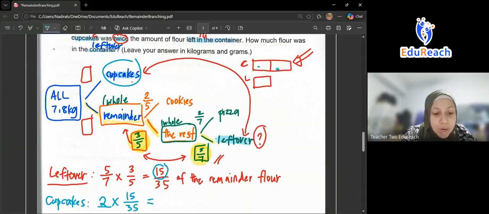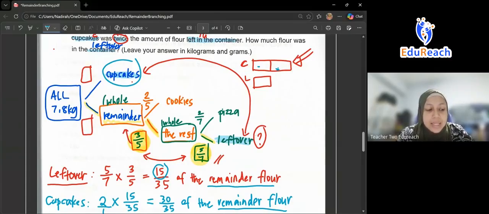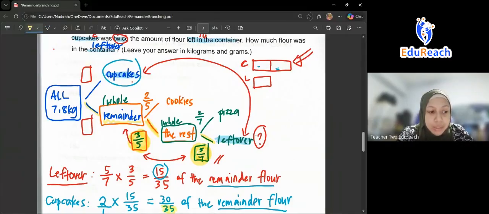Okay, 2 is like 2 out of 1. So when we multiply, we get 30 out of 35 of the remaining flour. I purposely write it out because I want to show you that they are referring to the same set of flour. What I also want to show you is that the remainder flour has 35 units, meaning the denominator here is 35.